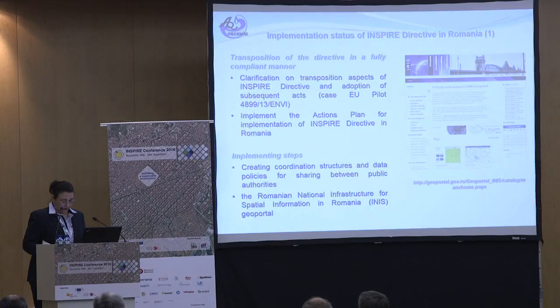After that, for sharing and distribution of data sets, we created the National Geoportal for disseminating data and also for downloading the data. This website is available also in the English language.